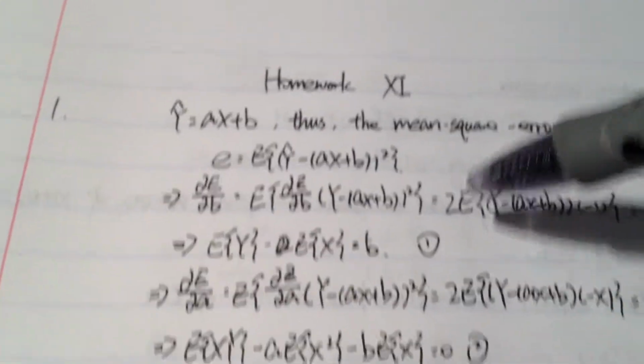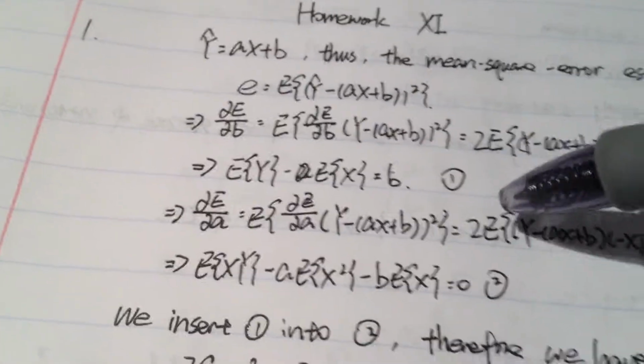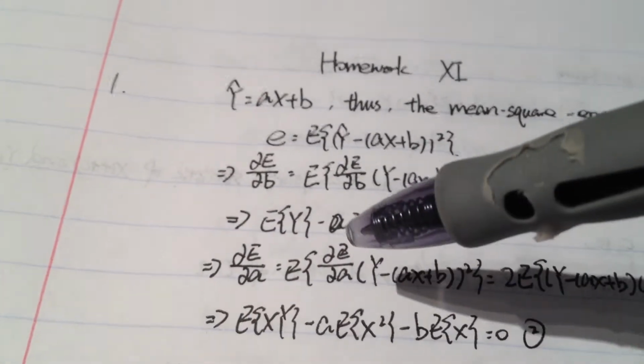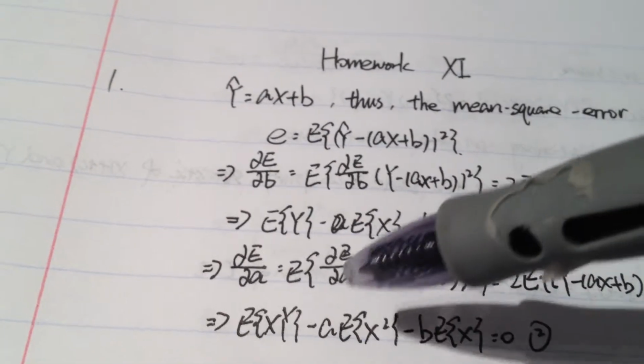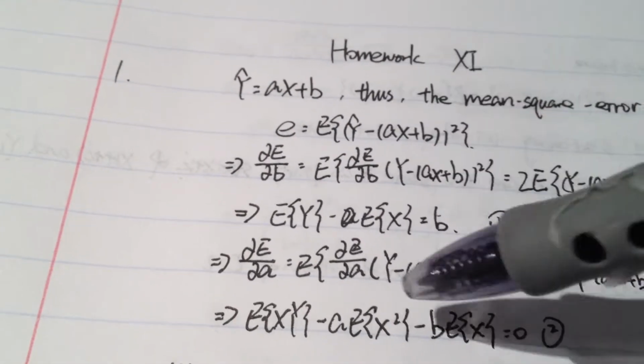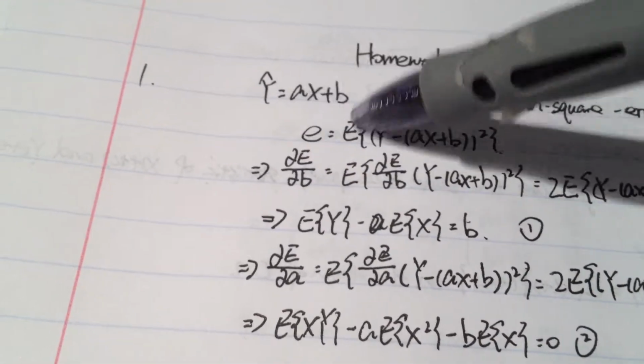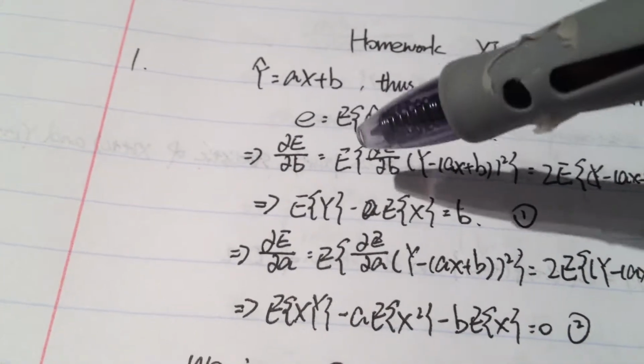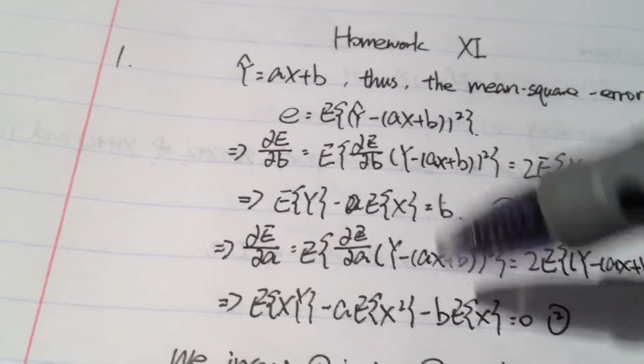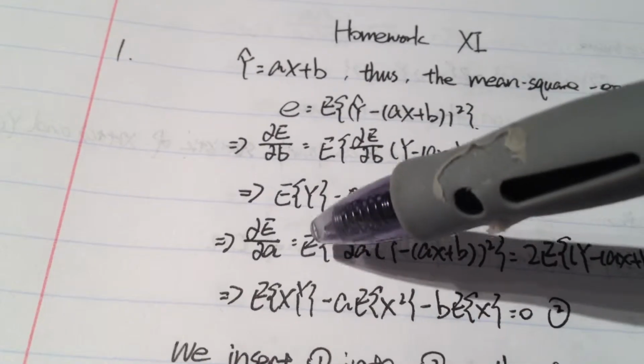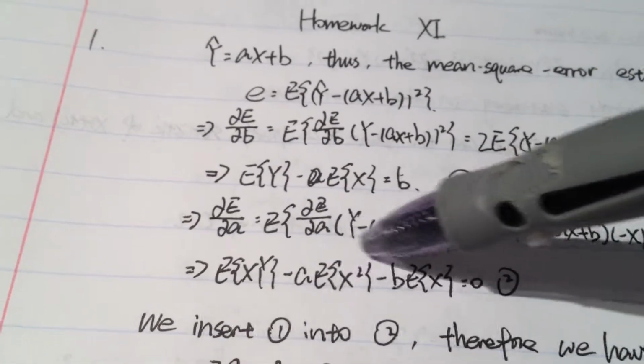This is our first function, and the same, we take the derivative with respect to a on both sides. The same, the left hand side, partial e partial a equals 0, and the right hand side, partial e partial a equals this part.